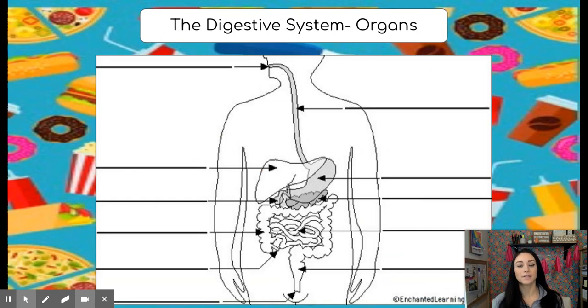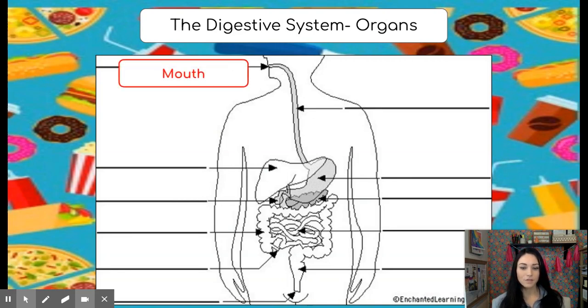So the digestive system has several organs that are a part of the system. Let's take a look at what those are. The first major organ in the digestive system is the mouth. The mouth includes your tongue, the mouth itself, and very importantly, your teeth. The next organ that we have is this long tube that goes from the mouth downward.